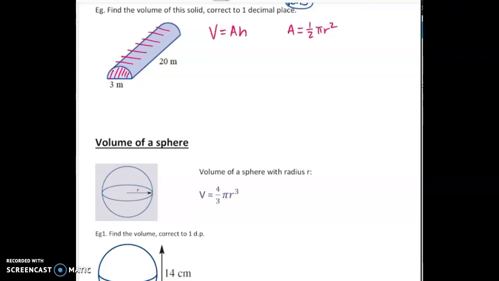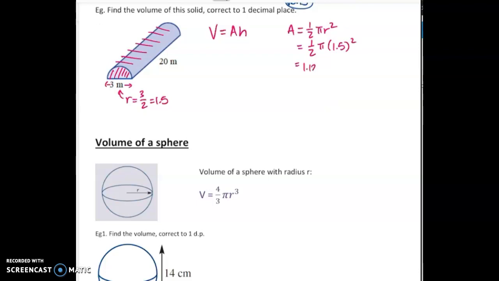Now we've got to be careful not to use the 3 down there, because 3 here is the diameter of the semicircle. We need to halve it to find the radius. So the radius is 1.5. So the area is half times pi times 1.5 squared.